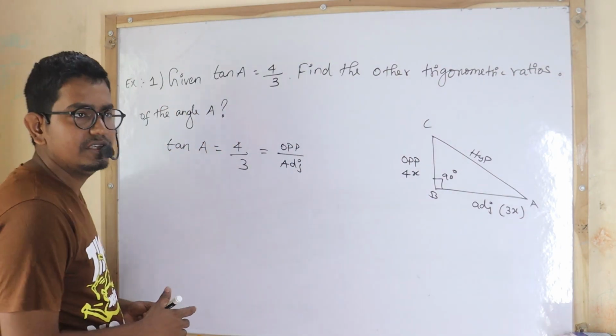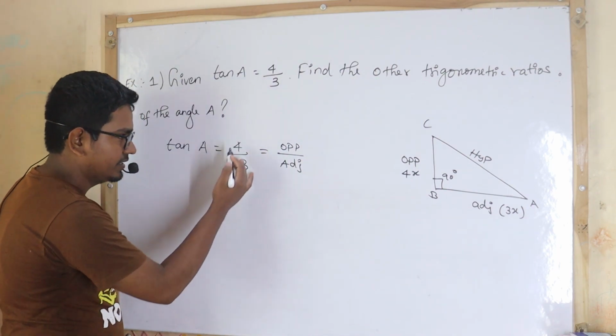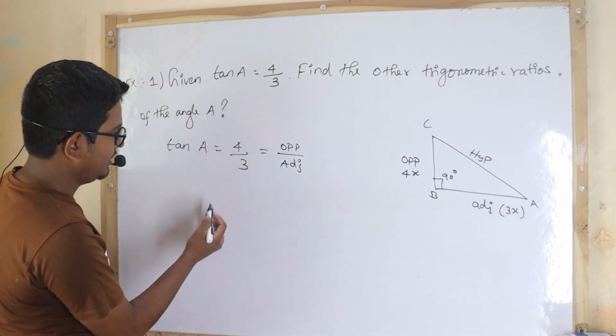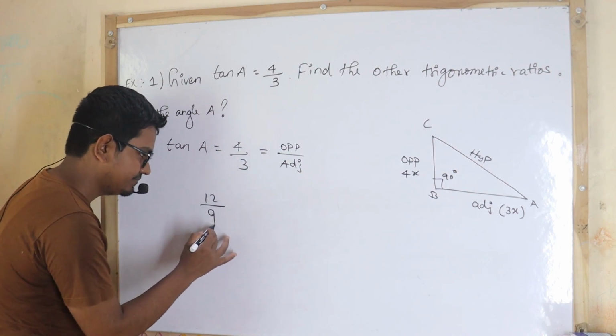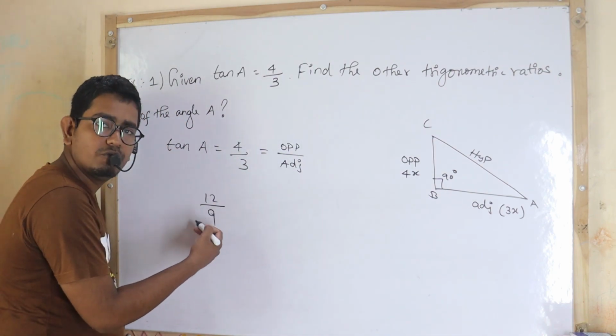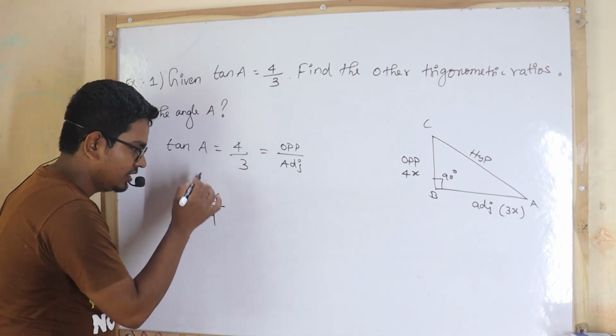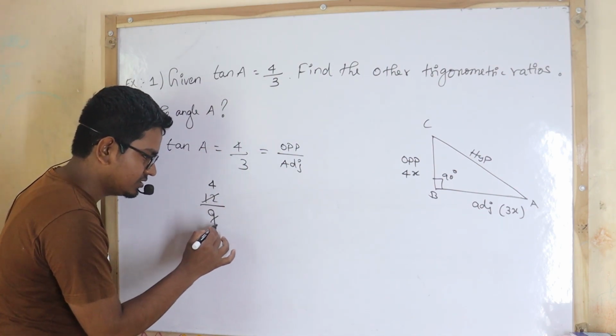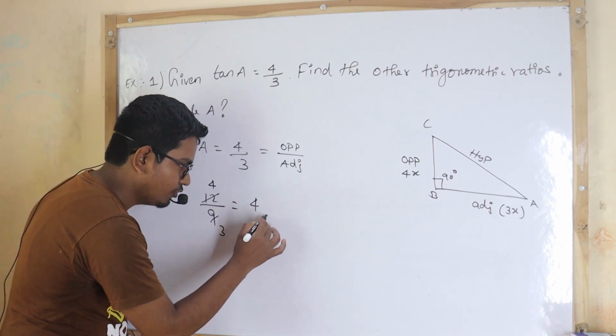I'm giving you a simple example. What is 12 by 9? Upon solving this fraction, 3 4s are 12, 3 3s are 9, so it is 4 by 3.